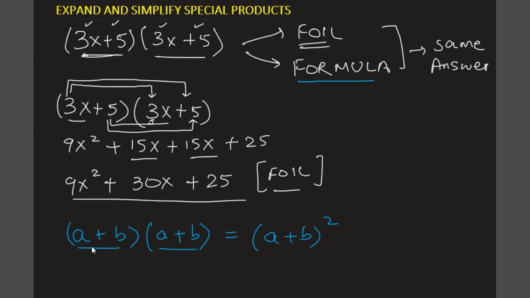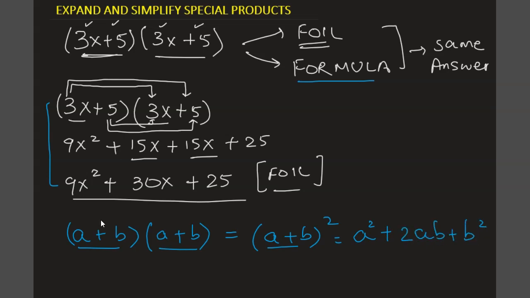That means we are multiplying a plus b with itself, or we are writing a plus b 2 times. Now whenever you are in this situation, you do not have to follow all of these steps. You can follow, but you do not always have to follow. If you know the formula, this can be expanded and would give you the result as a squared plus 2ab plus b squared.